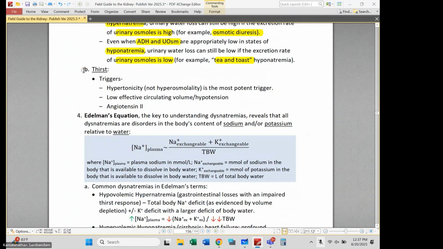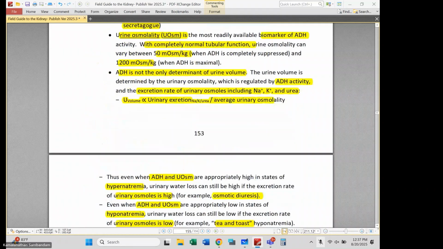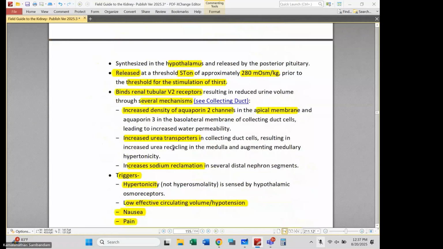Okay, moving on to thirst. The triggers for thirst are very similar: hypertonicity, low effective circulating volume. Angiotensin also has a stimulus of thirst. So I've showed you how technically there is an effect of vasopressin on sodium excretion, right?